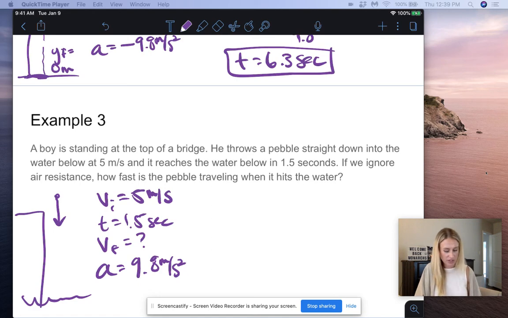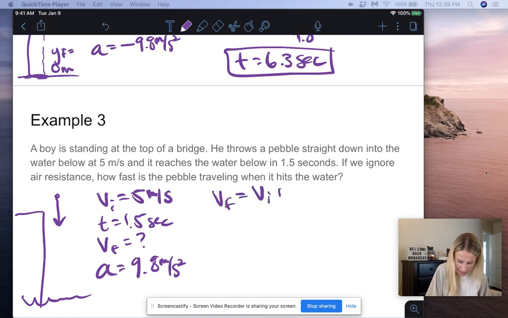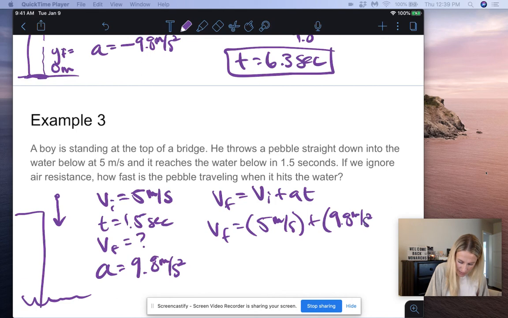All right, so the only equation that we know that has initial and final velocity, time, and acceleration is our first basic equation. So final velocity equals initial velocity plus acceleration times time. We are solving for final velocity, so our equation is already solved for what we want. And so all we have to do is plug in our numbers. So we get final velocity equals initial velocity, 5 meters per second, plus acceleration, 9.8 meters per second squared, times time, which is 1.5 seconds.